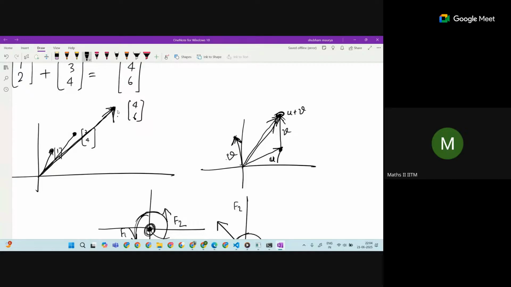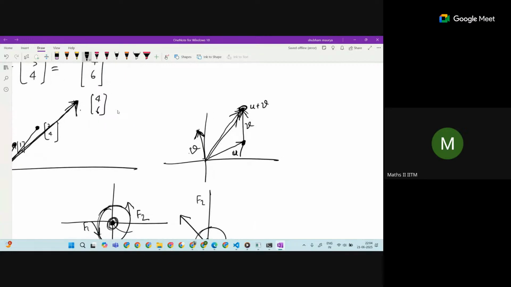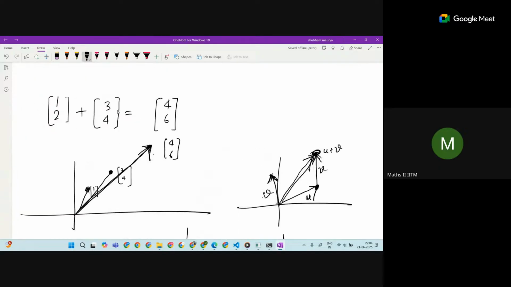Actually, there is not generally a shift. These operations are defined like this so that it looks like we are shifting and adding. If you do this operation, it is defined as adding coordinate-wise: 3 plus 1 is 4, and 4 plus 2 is 6.